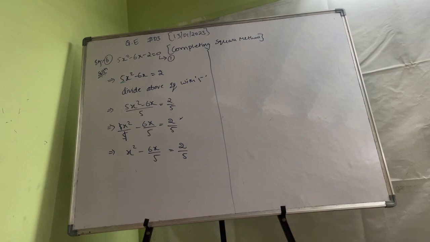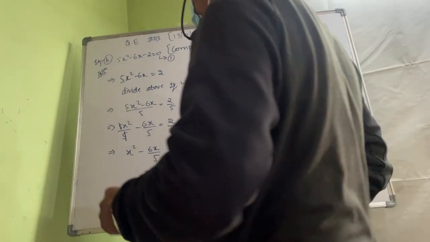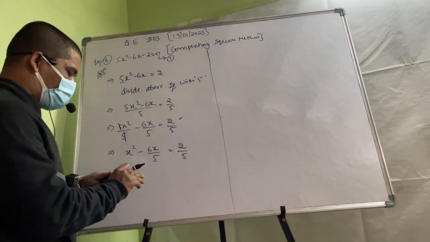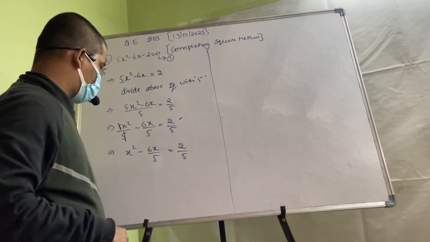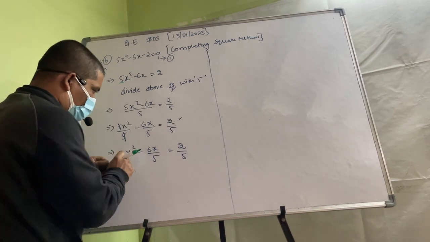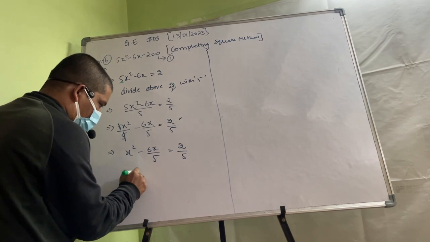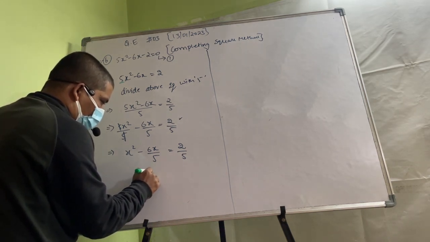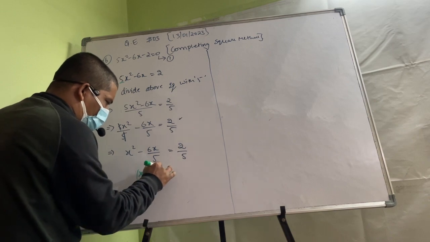Clear everyone? Now, you compare this one, all of you. See this one. The x minus y whole square formula.